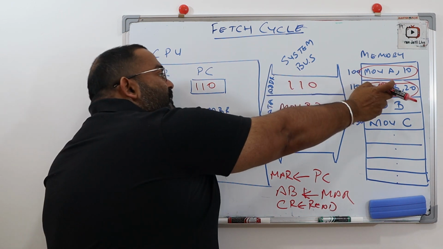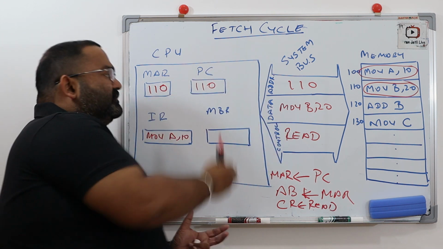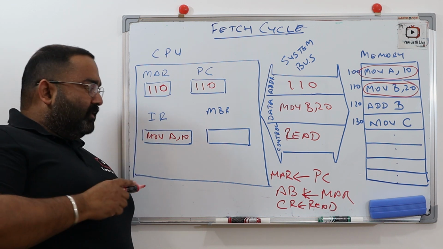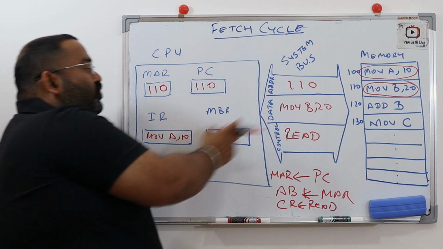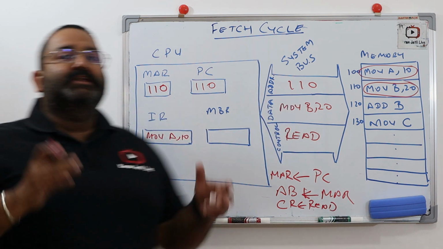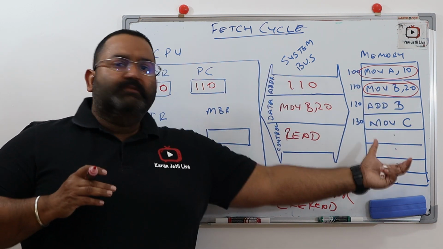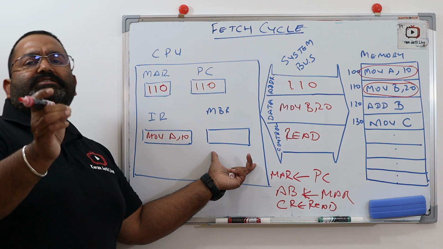So from the memory I loaded the instruction to the bus, and now the bus brings that instruction to my CPU. Then what is the next part? Copy the content of the data bus to MBR, the memory buffer register. Whatever comes from the memory to the CPU is stored here for some time.